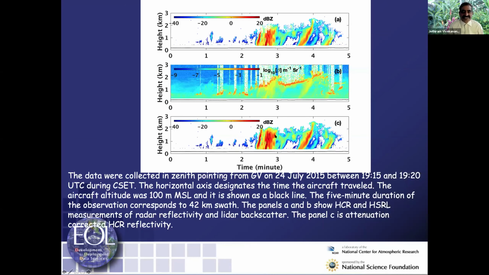The bottommost panel shows DBZ corrected for attenuation for the radar. But the LiDAR is already corrected for the backscatter because LiDAR HSRL is the state-of-the-art LiDAR where it makes use of the backscatter from clear air and also from the cloud, so that they are able to estimate attenuation and correct for that.